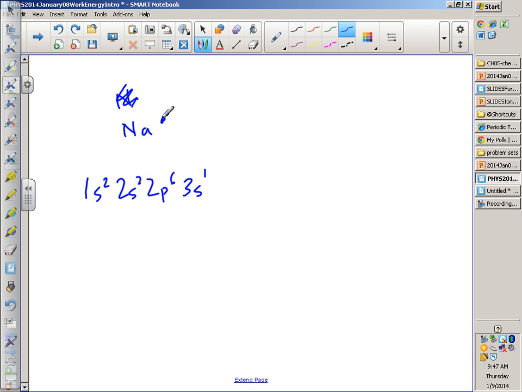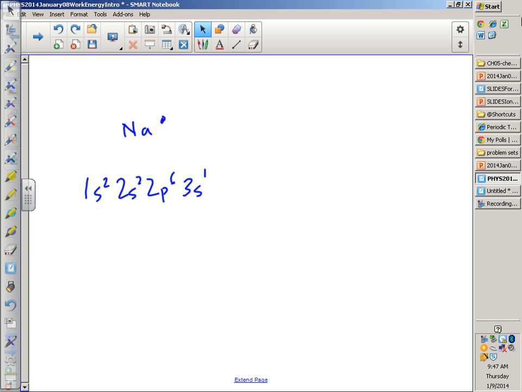Trey, you told us before that in order for an atom to be stable, it has to have 8 valence electrons. So this atom of sodium has 2 choices.